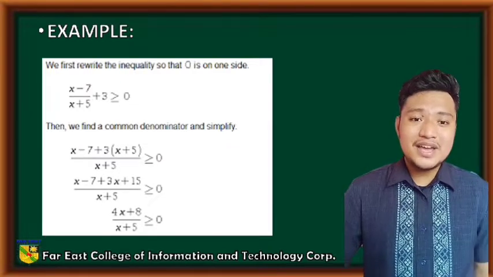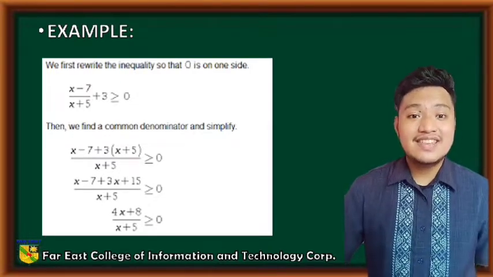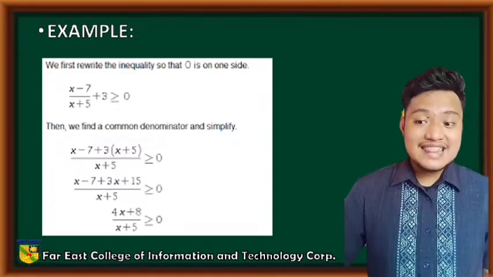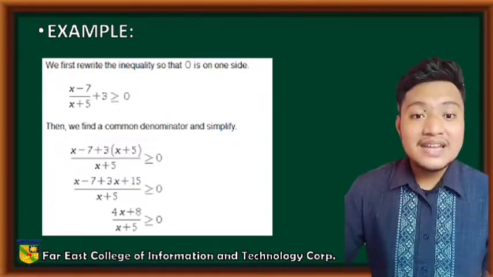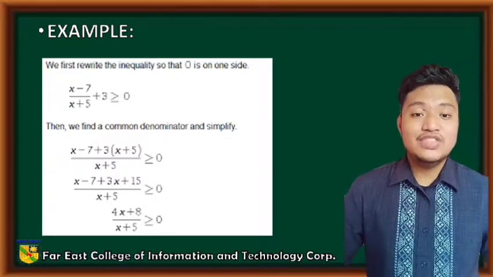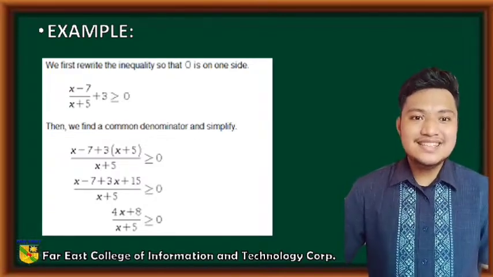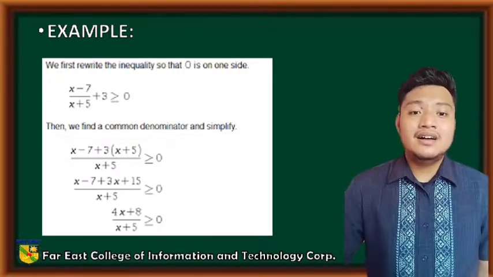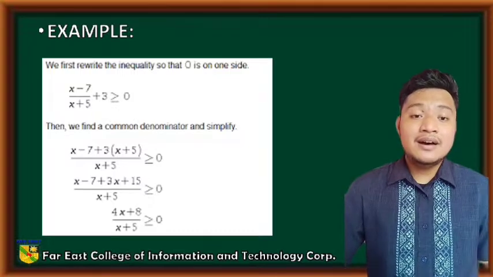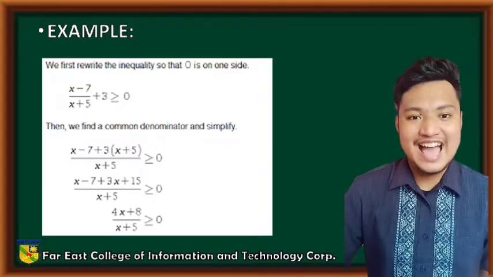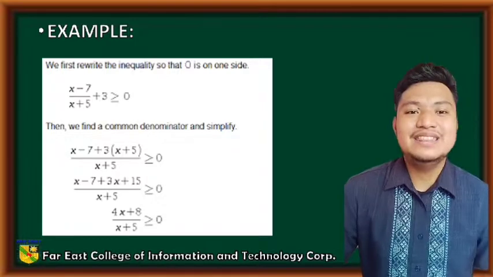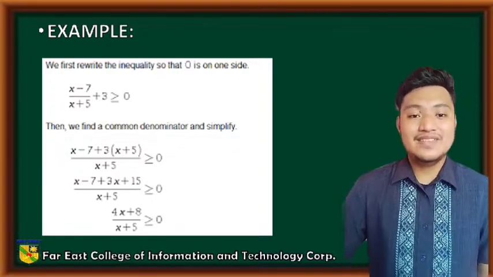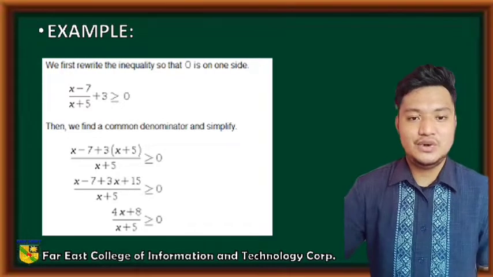Since this equation already has a 0, next is get the common denominator. So since the 3, automatically ang denominator niya ay 1. So magiging 3 over 1 siya. So hindi na tayo mahihirapan to get the least common denominator.